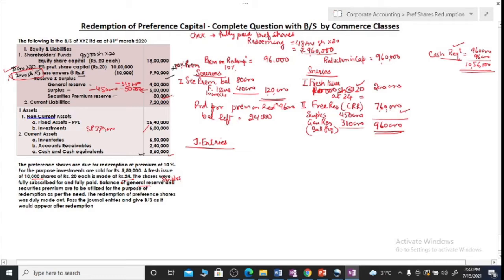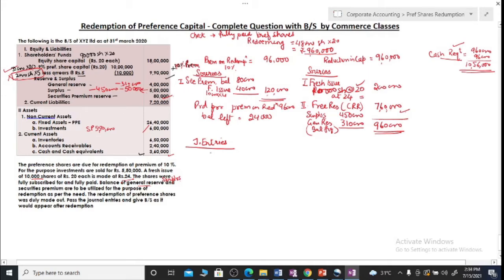Second is providing for securities premium. Now for securities premium and fresh issue, we are to pass entries for these two things. Since here we are utilizing the fresh issue, if we pass the entry for premium first, we haven't yet received the premium. So we will first pass the entry for the capital, we will get the premium, and then we will provide sources for premium.